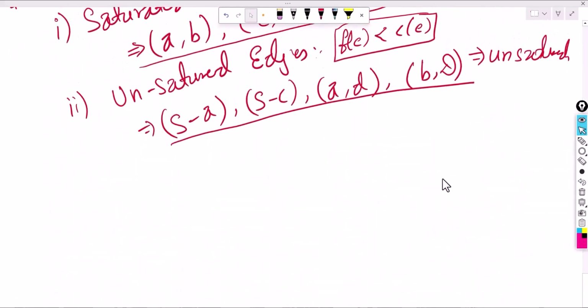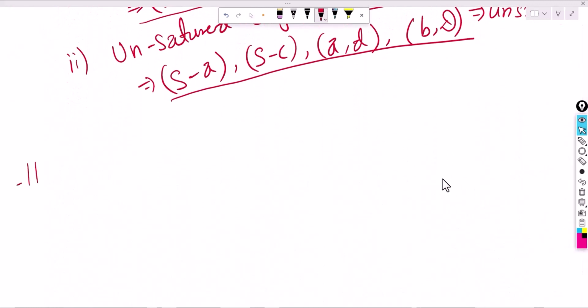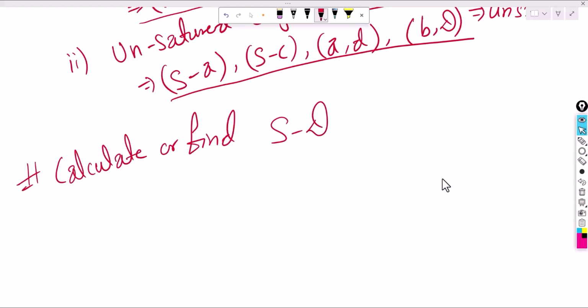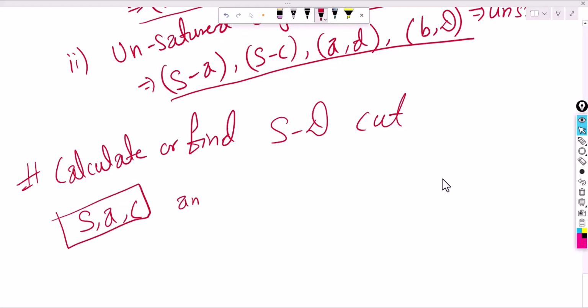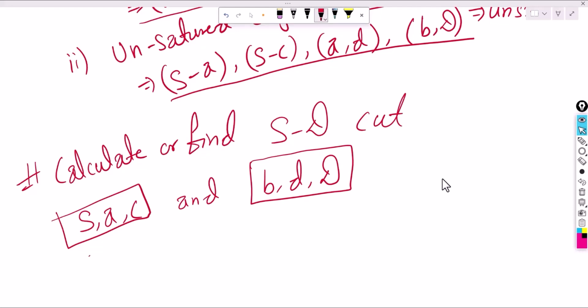So the other part is to calculate or find the S to D cut. So I have the cut with S, A, C as one part and B, D, and capital D as another part. So this is the source part and this is the destination part, right?